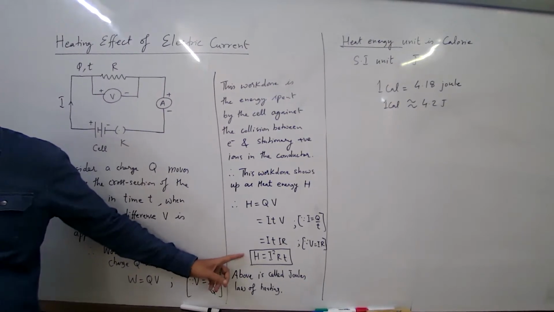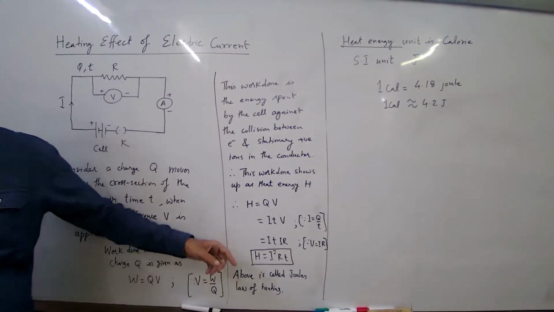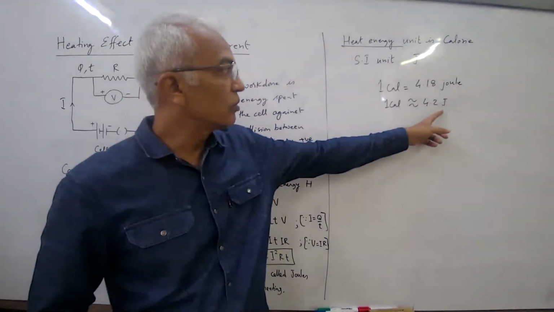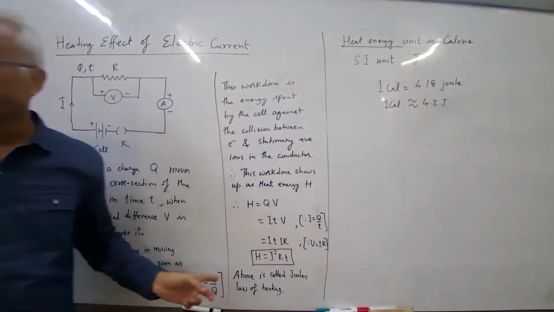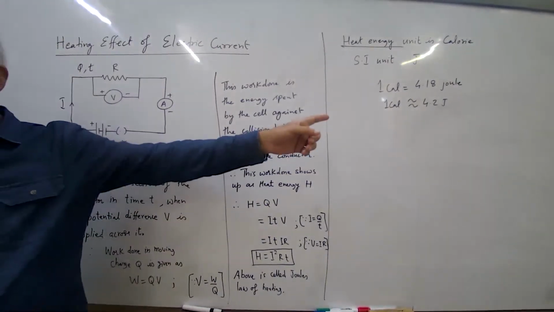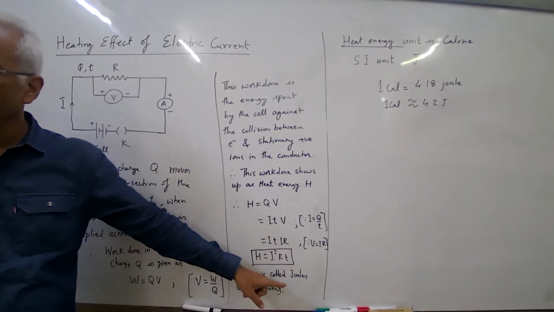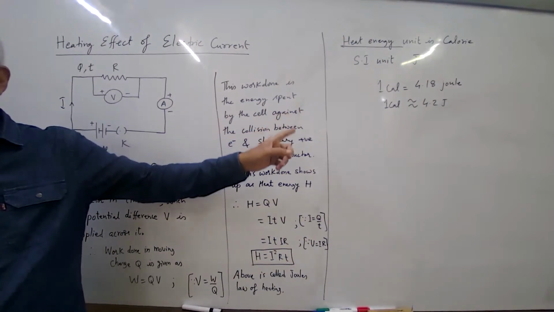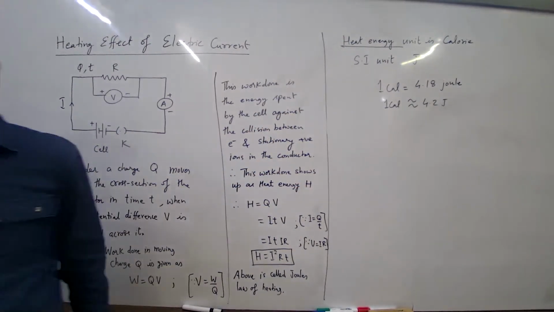If you want to convert it to calorie, what will you do? What is 1 joule? 1 by 4.2 calorie. So divide by 4.2. Straightforward. Understood?